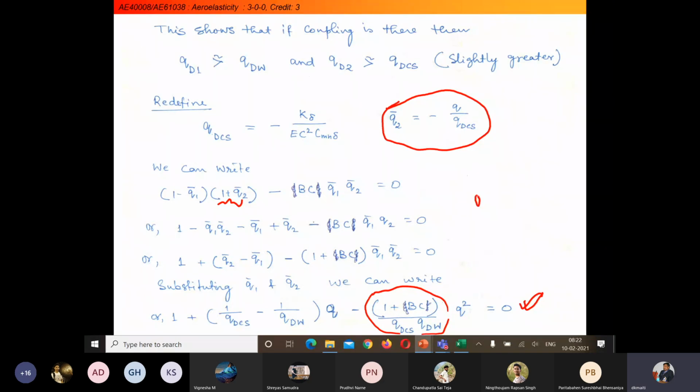So x, the root of this equation, is minus b plus minus square root of b square minus 4ac, divided by twice a.